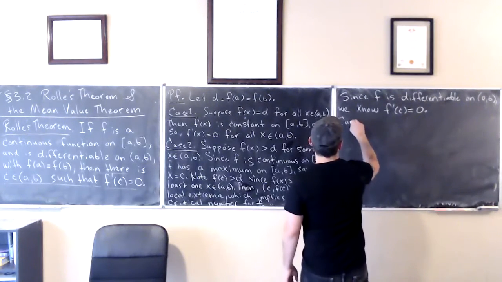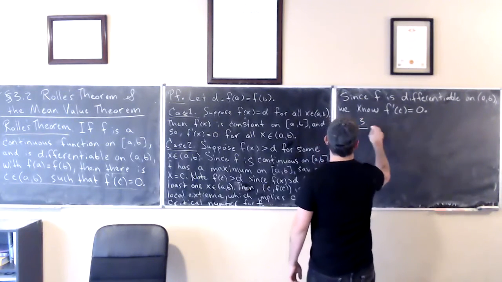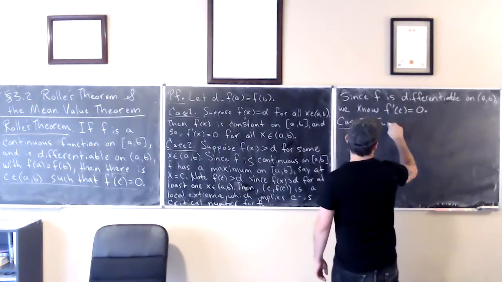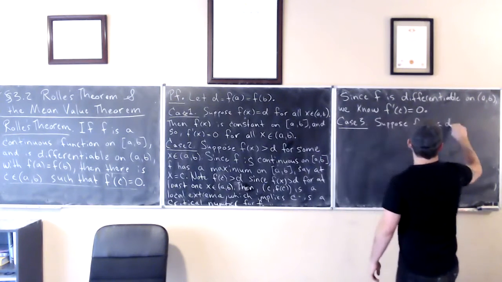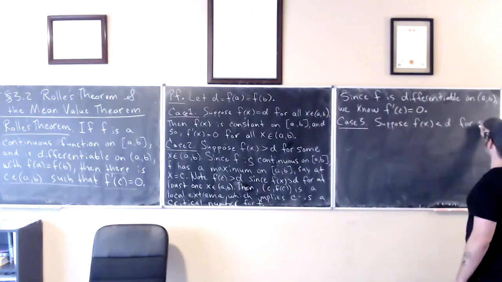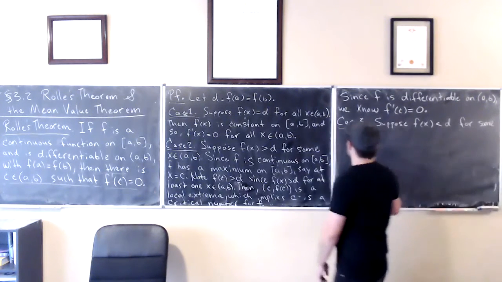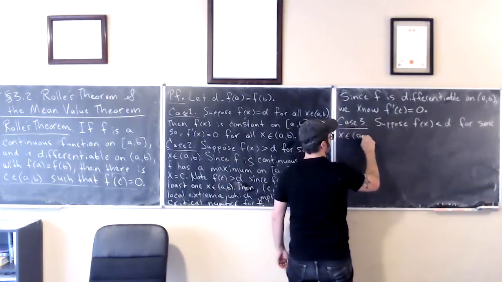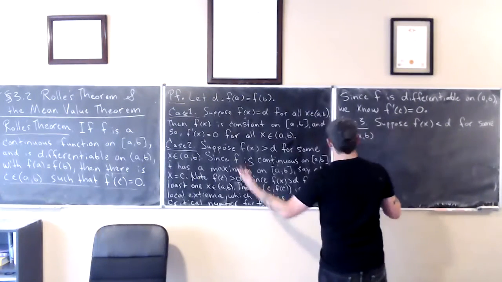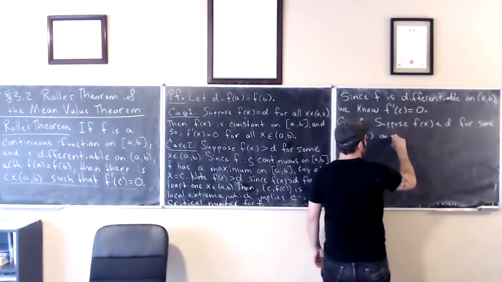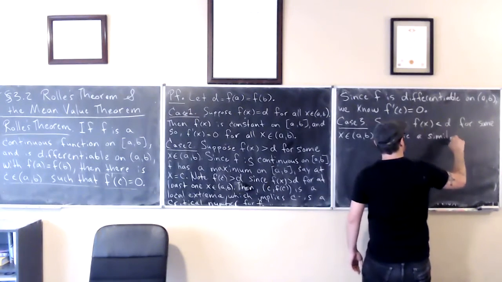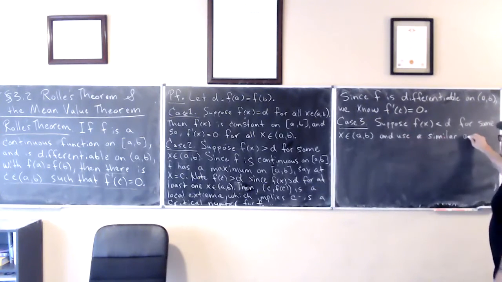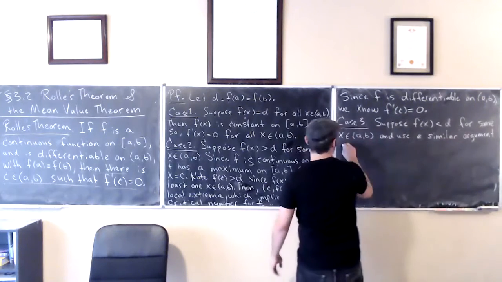So for the last case, case 3, suppose f of x is less than d for some x in this interval, and use a similar argument as given in case 2.